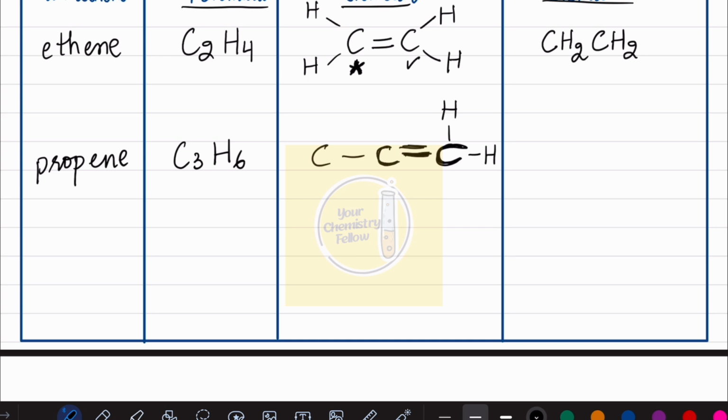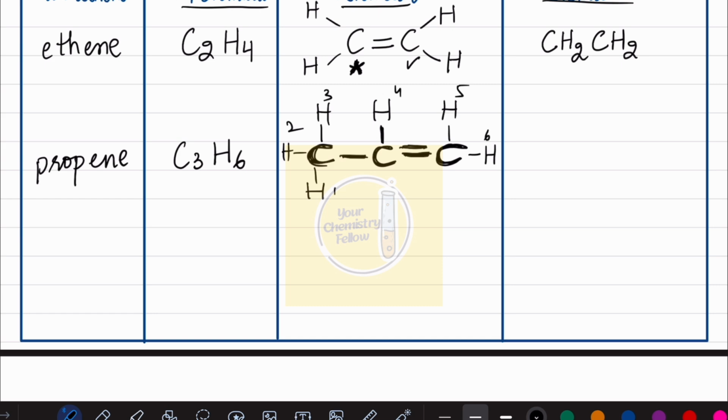The central atom already has 3 bonds, so it will make only one single bond with 1 hydrogen atom, and the last one has only 1 bond with the carbon atom, so it will make 3 bonds with 3 hydrogen atoms. There must be 6 hydrogen atoms in total in propene. Count the hydrogen atoms: 1, 2, 3, 4, 5 and 6.